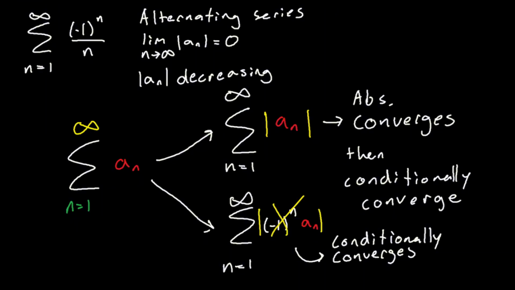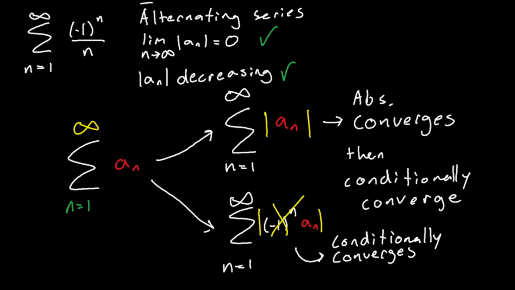So each value, as n gets larger and larger, your absolute value of your function gets smaller and smaller. An example of this would be 1, 1/2, 1/4, right? This is monotonically decreasing, right? Each next value is smaller than the previous one. Then you meet the conditions for the alternating series test. Now there's also another condition where all numbers are positive for the absolute value. That's kind of a given, right? If you take the absolute value of your series, all the numbers should be positive anyways because you're taking an absolute value.